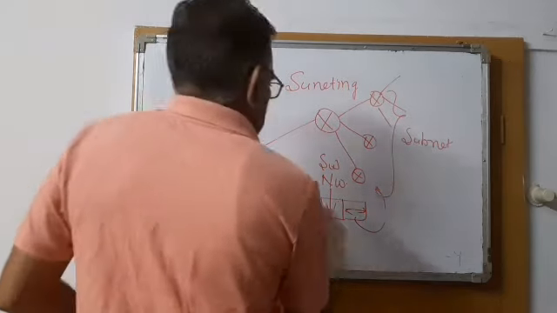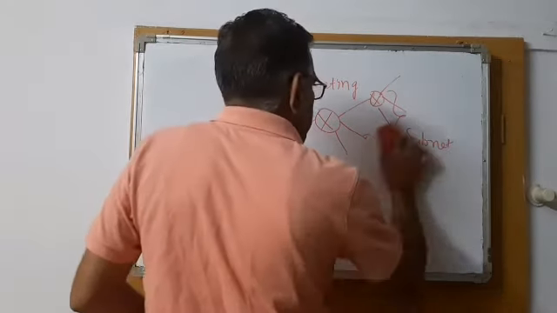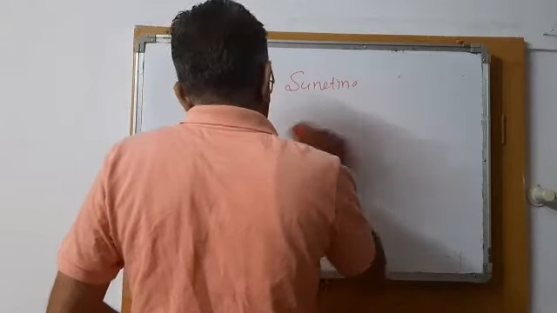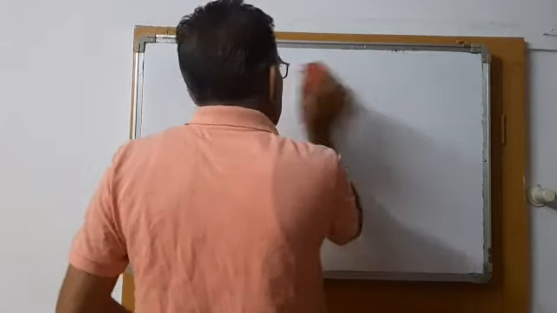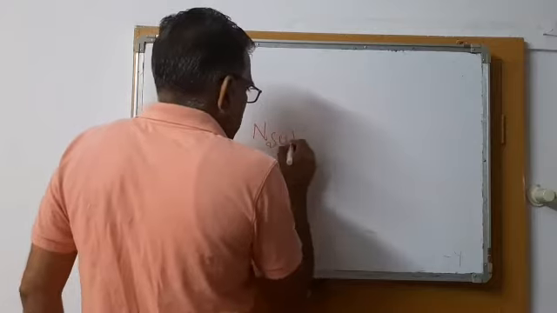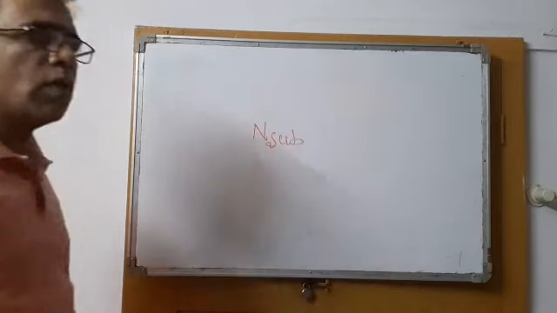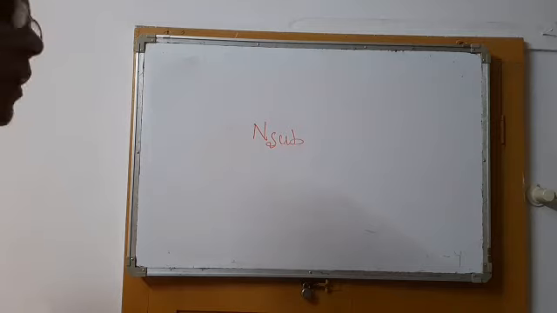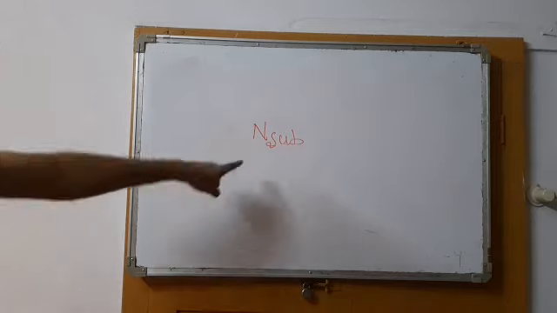Now, how exactly is the subnetwork part identified? The number of subnetworks present in the given network is given by n sub.